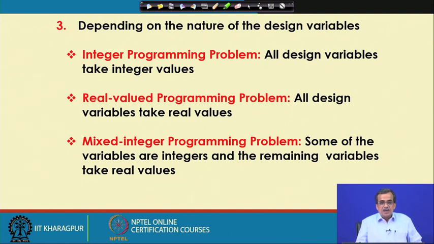Now, for the real valued programming problem, the design variables are fractions or real numbers like 10.5, 12.6 and so on. The third type is called the mixed integer programming problem. Here some of the variables will be integer and the other variables will be real. So, this is a combination.